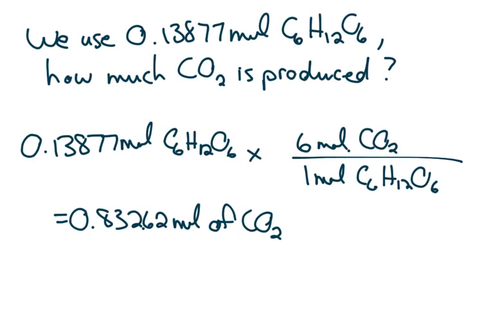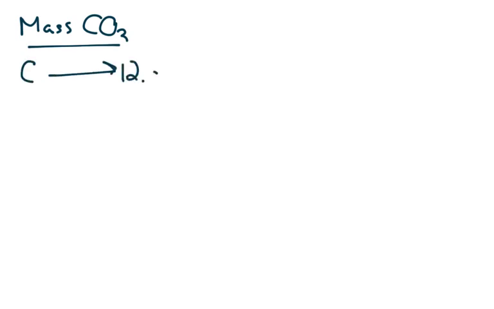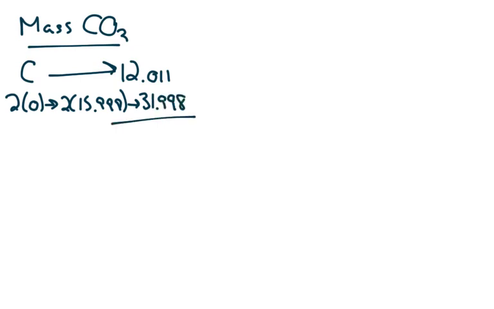Now we know how many moles of CO2, so we can find the mass quite easily. We need to find the molar mass of CO2, which was 1 carbon, weighing 12.011, and 2 oxygens, each weighing 15.999, giving us 31.998.